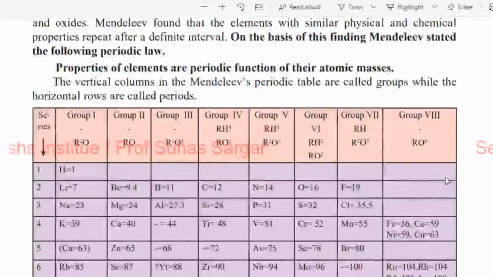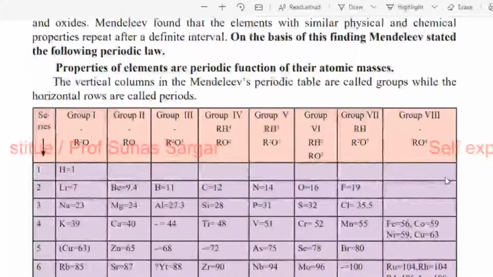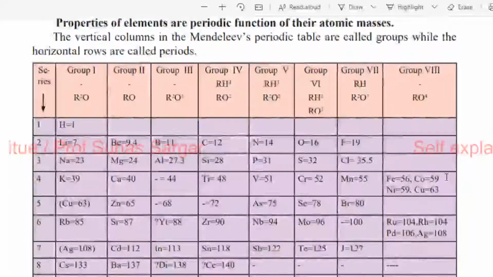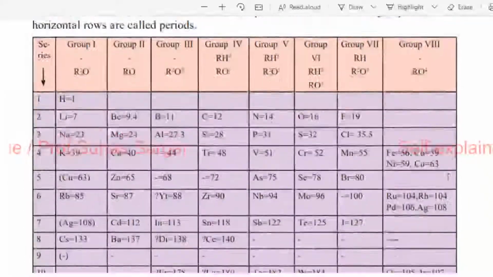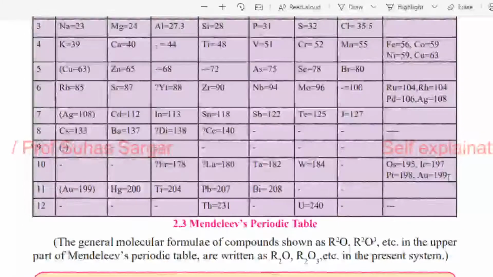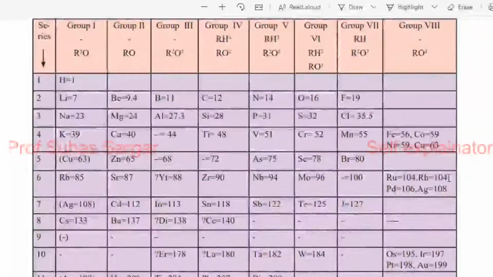The vertical columns in Mendeleev's periodic table are called groups, while the horizontal rows are called periods. See the chart of Mendeleev's periodic table. Group 1 column, Group 2 column, Group 3 column, Group 4 column, Group 5, Group 6, Group 7 and Group 8 column.